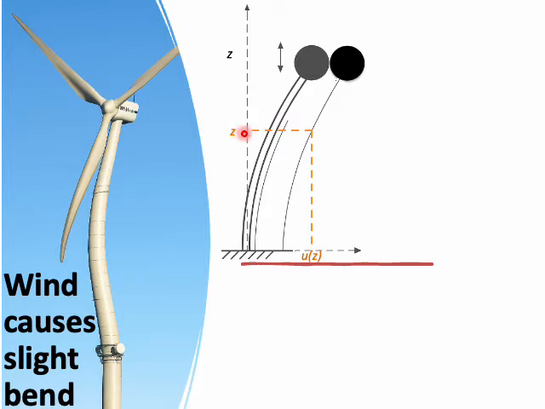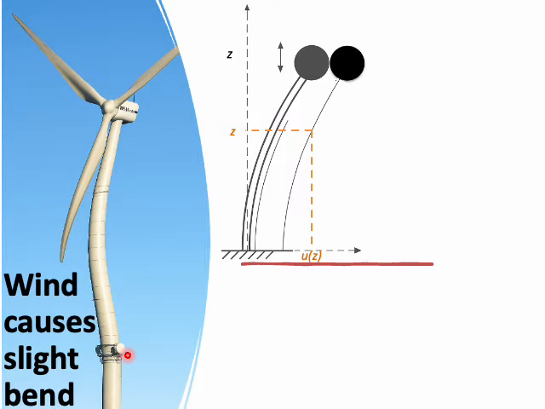So instead of being perfectly vertical, the tower center line is now slightly curved, which is represented mathematically by UZ. At any given height z, that bent shape has a small tilt angle from the vertical axis.